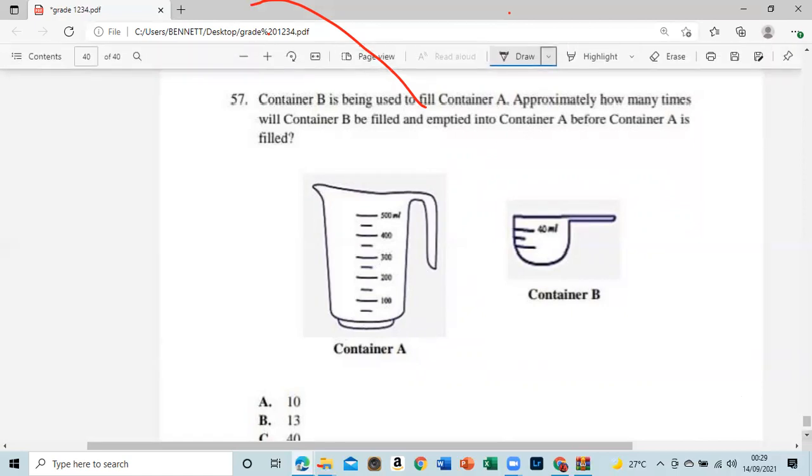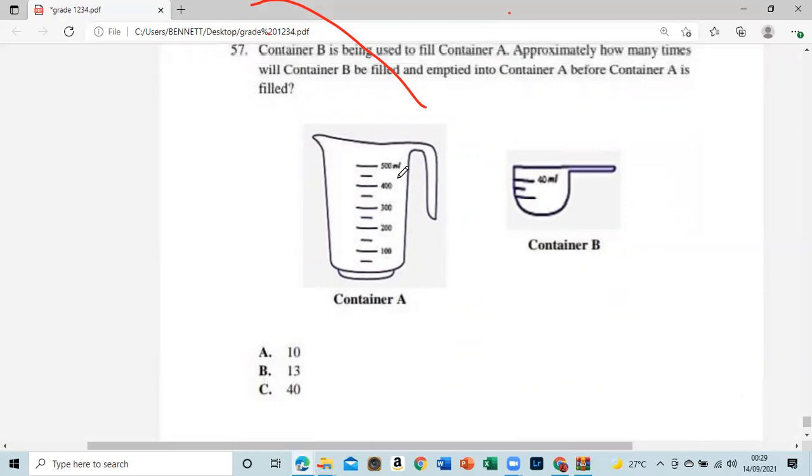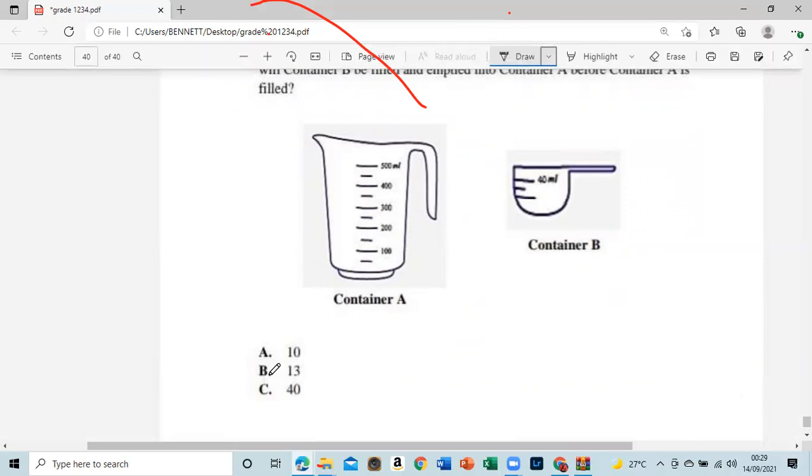So it's definitely 10 times. So 10 times 40 would be 400. All right, and then you're not done yet. You can do 2 more, 3 more, so it's 13.